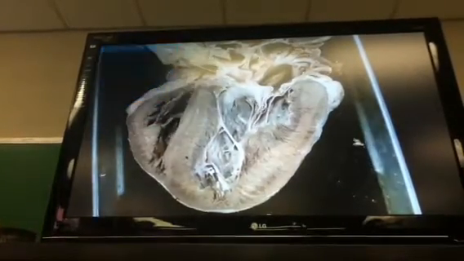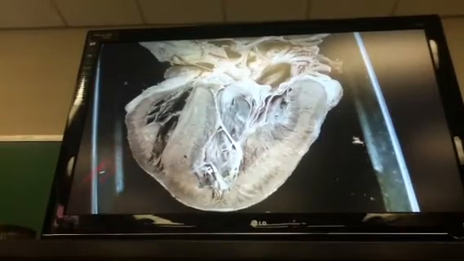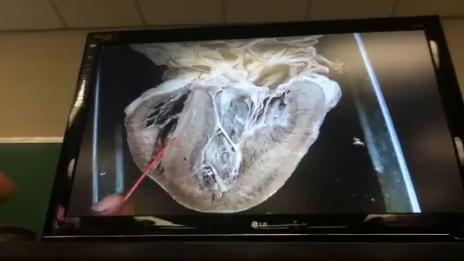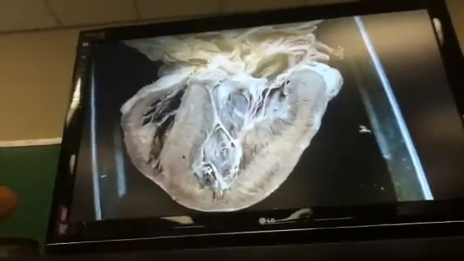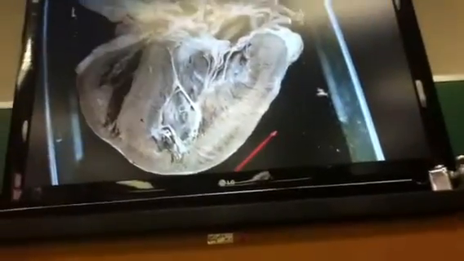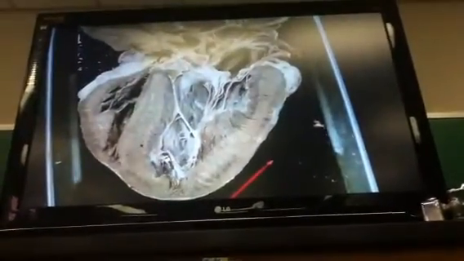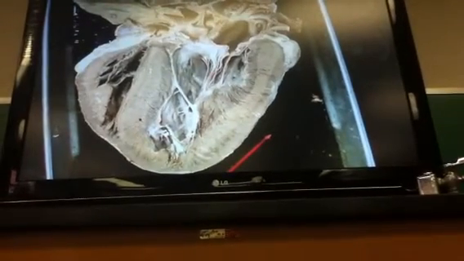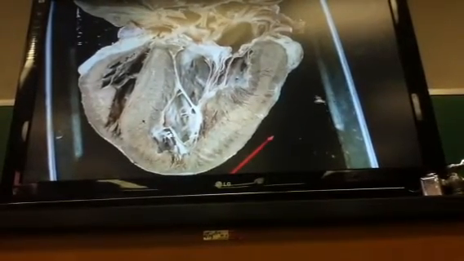Well, Mr. Gilmore, can you tell me what this is? You see this right here? I'm going to show y'all something because I need y'all to get this concept. Watch this here. What am I leaving? The left atrium, going to the left ventricle. What valve is this?